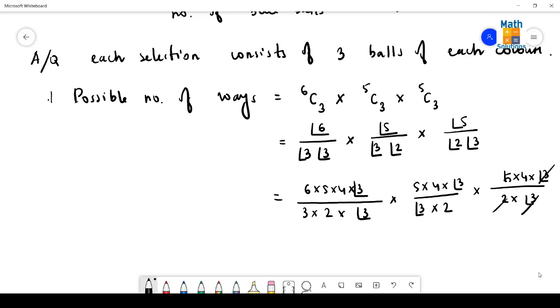These get cancelled, the result is 2 here, then 3 factorial gets cancelled, again 2 here, these two get cancelled, and I get 2. So after complete multiplication I should get the result as 2000, and this is the answer for this one.